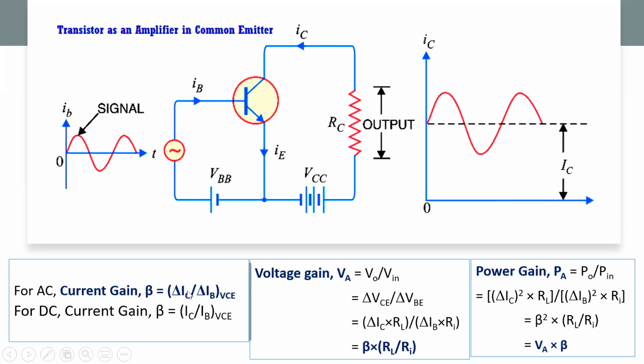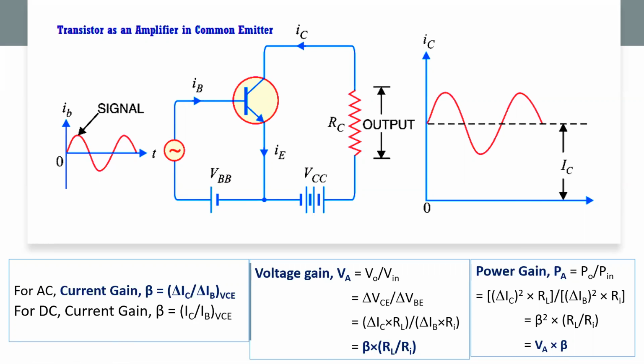So IC by IB. For AC, we just express it as change in IC by change in IB, for a constant VCE, which means for a constant voltage between collector and emitter. This is the voltage between collector and emitter. If this is kept constant, the current gain is equal to IC by IB. So which is more, IC or IB?